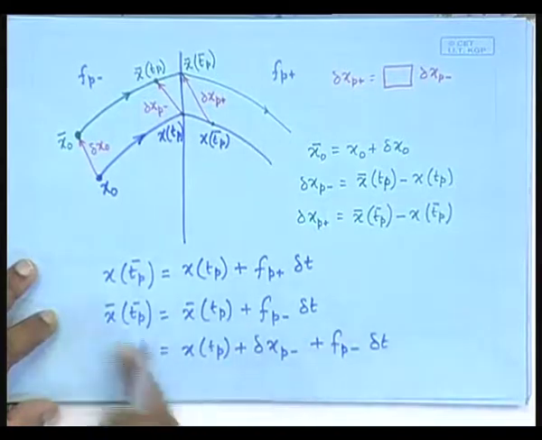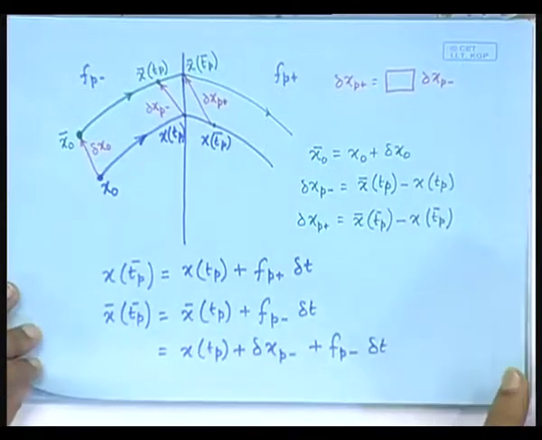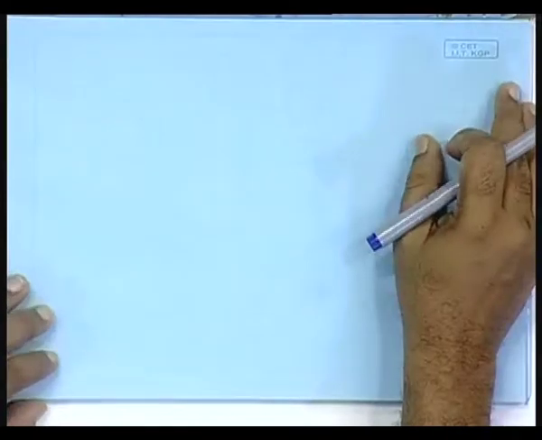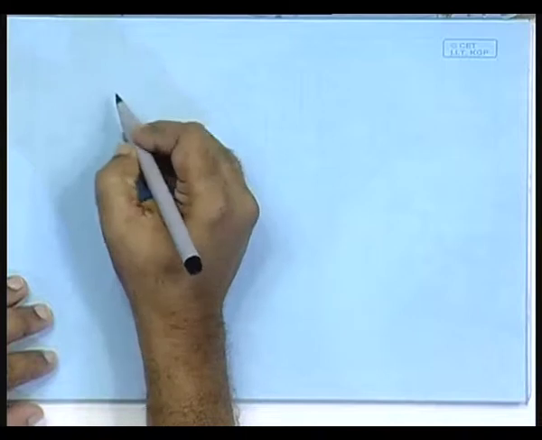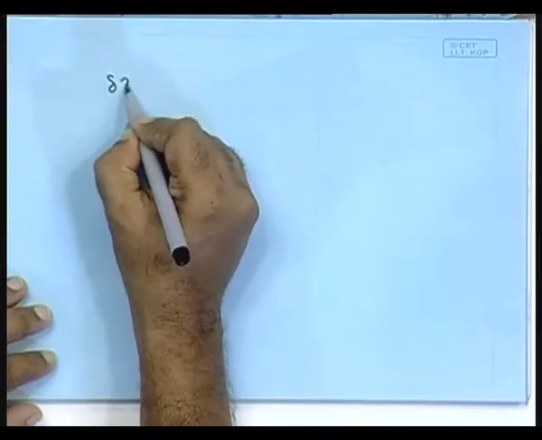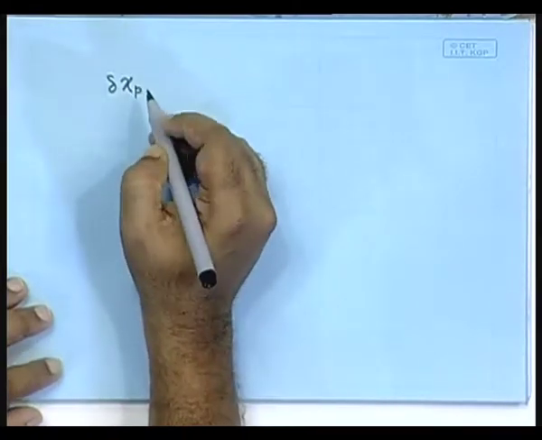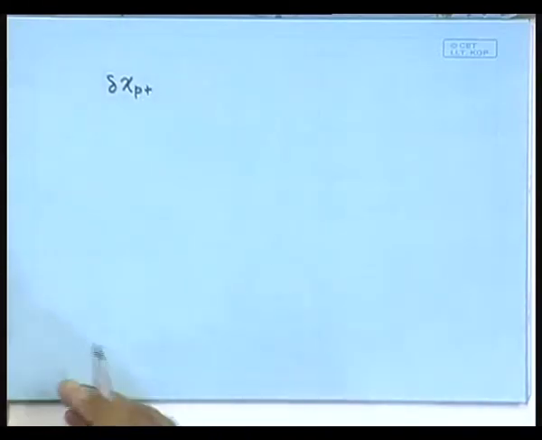Keep this in mind, so that we can refer back to it. Now, we start from delta x p plus. This is what we are trying to find out.